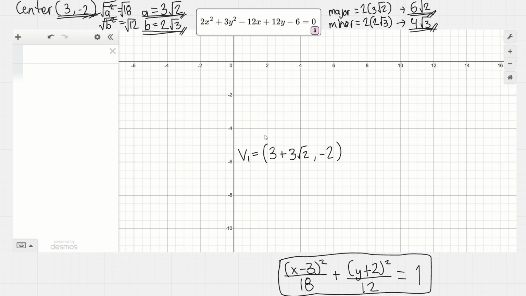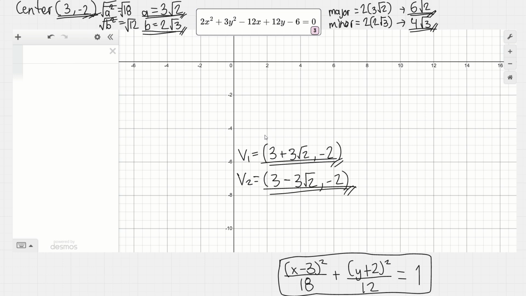So this is our vertex 1. Let's get our vertex 2. 3 minus 3 square root of 2, comma, negative 2. So this is our vertex 2.